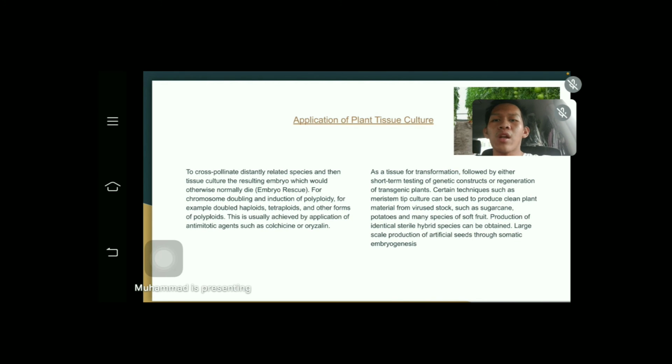Certain techniques such as meristem tip culture can be used to produce plant material free from viruses, in stock such as sugarcane, potatoes, and many species of soft fruit.